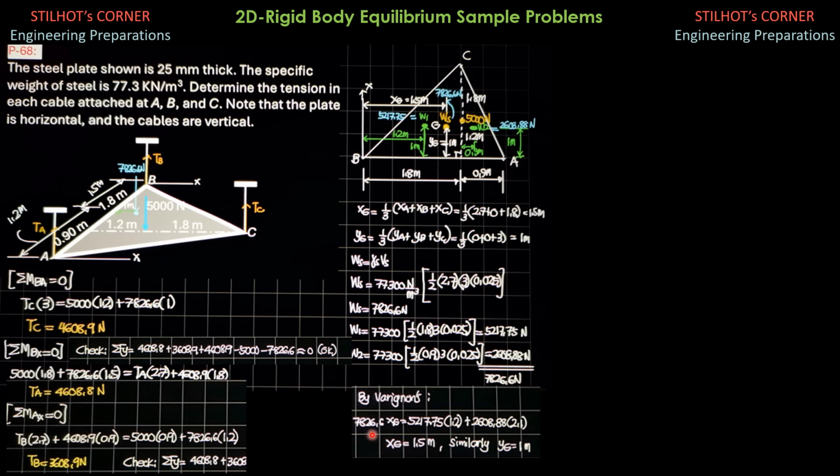So the moment of the single weight or resultant is 7826.6 times xg, because this is our reference, the x-axis, equals weight 1 here, which is 5,217.75 newtons, and the moment arm or distance is 1.2, plus weight 2, which is 2608.88.